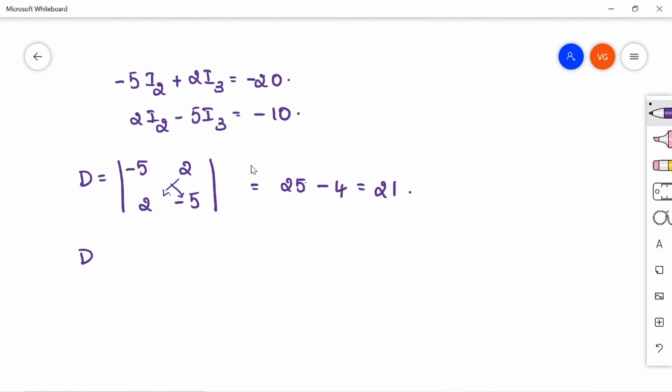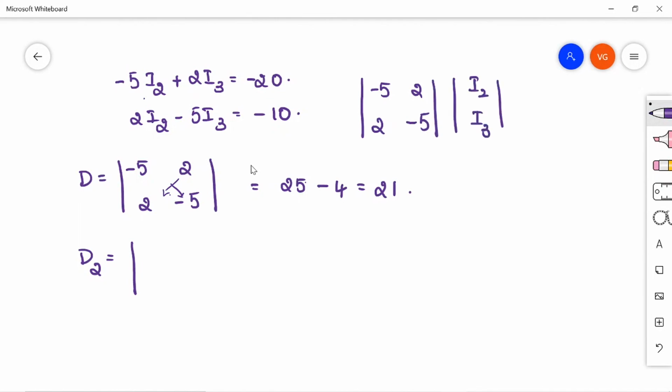Let us find out D2, as we need only D2 and D3. You can write it in the matrix form also for more clear understanding: I2, I3 is equal to minus 20, minus 10.